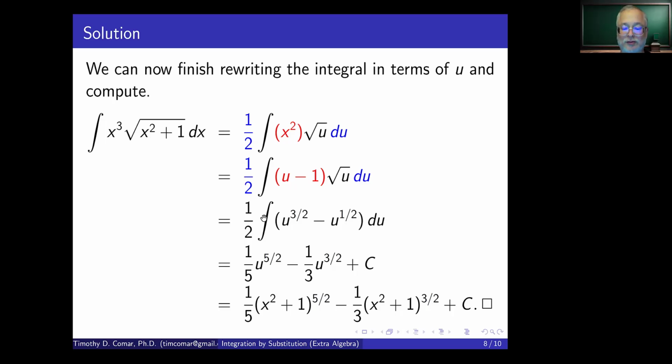We then compute the antiderivatives of these two terms using the power rule, and we end up with the following in terms of u. Then we substitute back x squared plus 1 in for u in both of these two places over here. And don't forget, as this is an indefinite integral, we need to add the constant of integration c here.